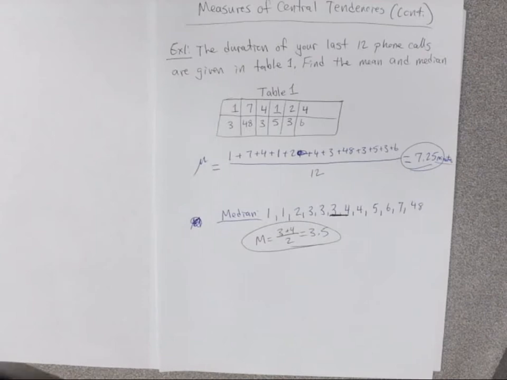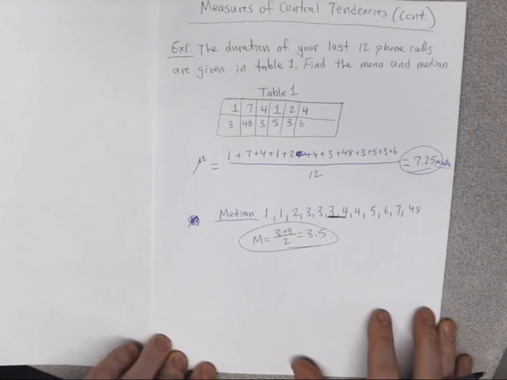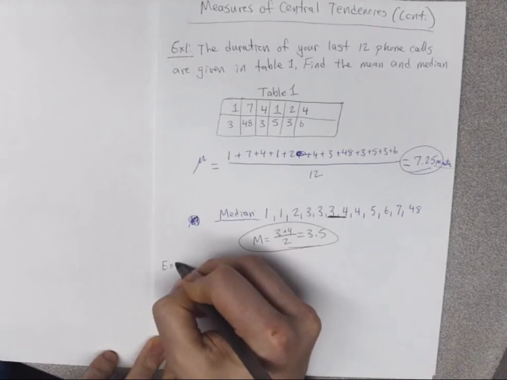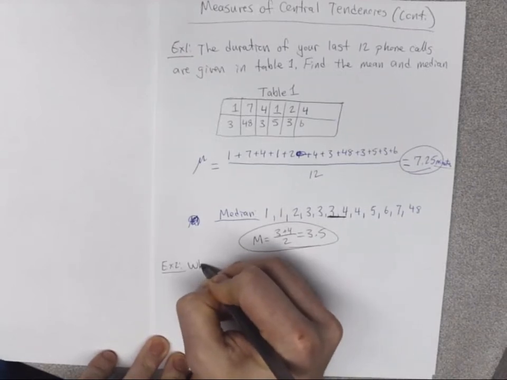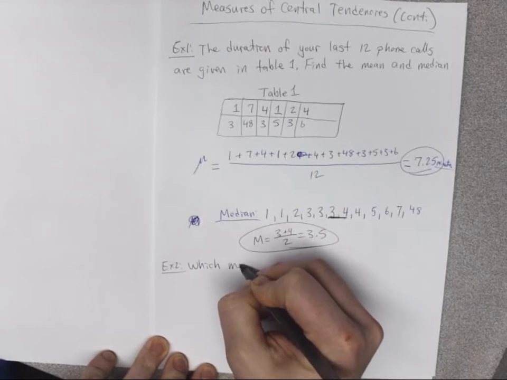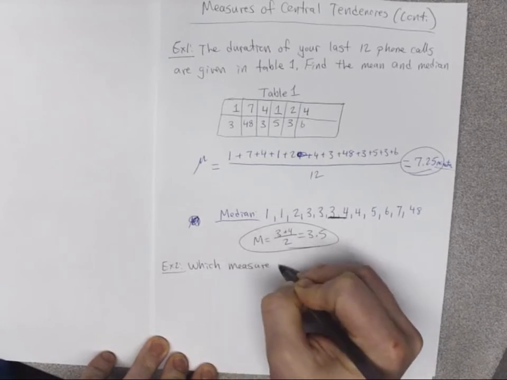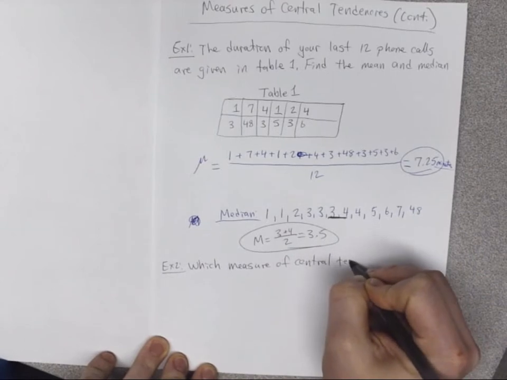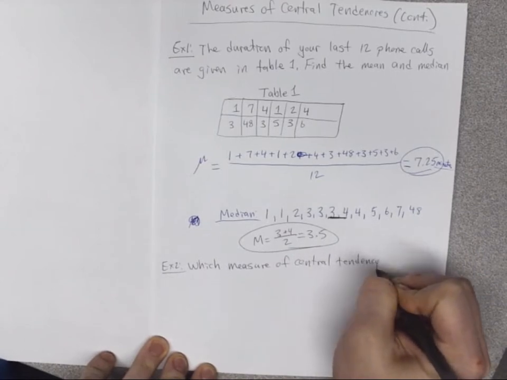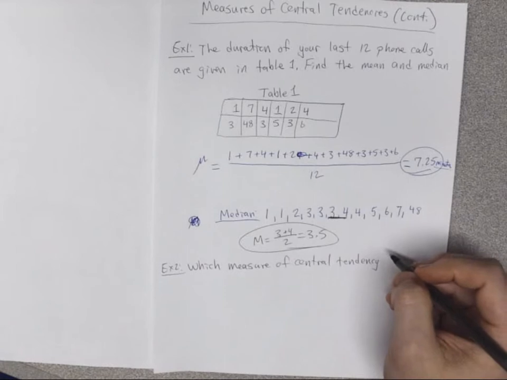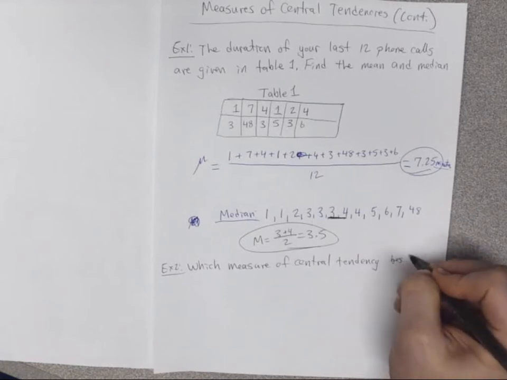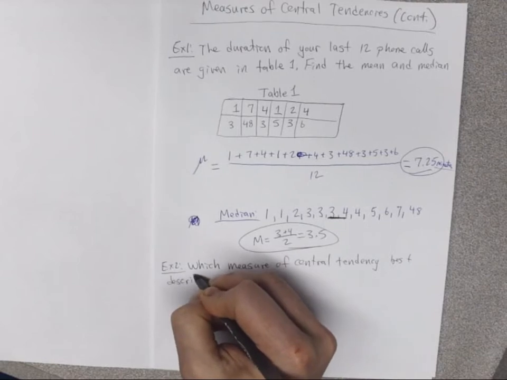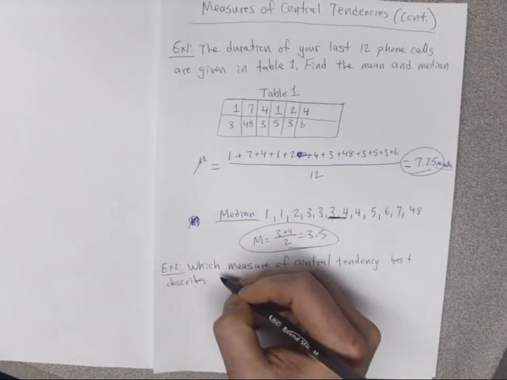So my next question here is an important one, and the reason for this example. Example 2, which measure of central tendency best describes the length of a typical phone call?